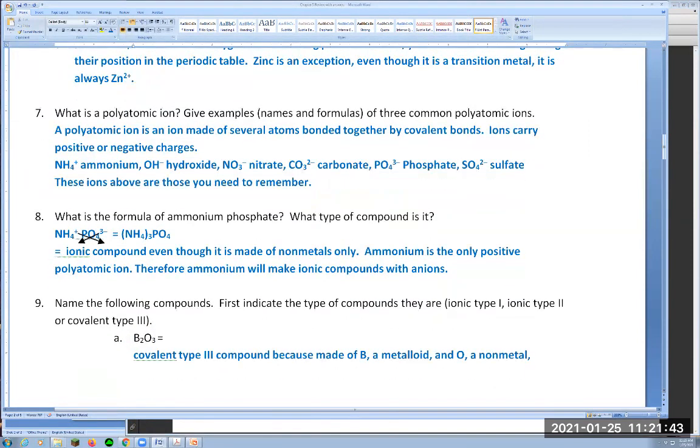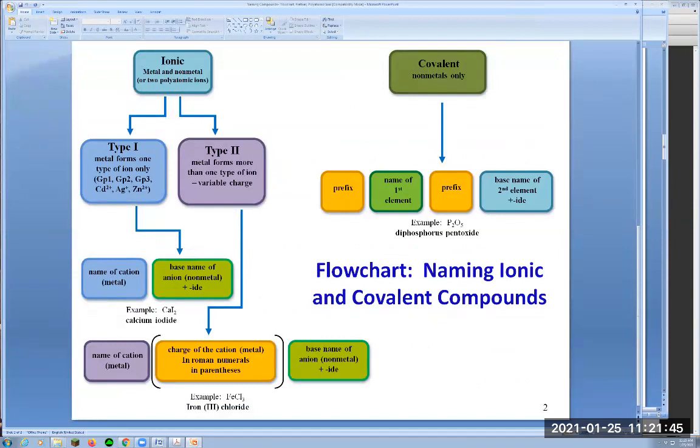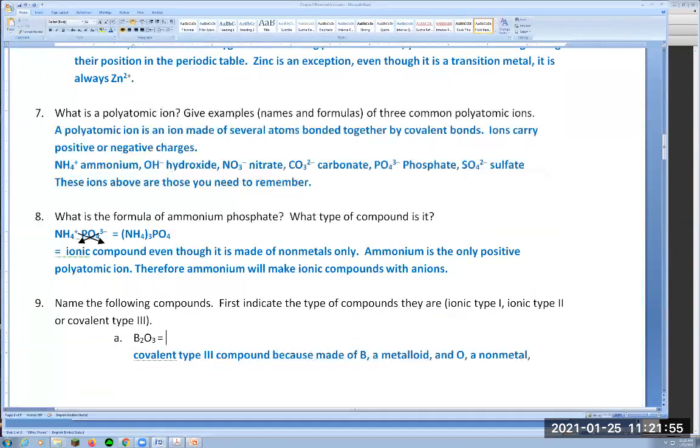Okay, so then we need to follow the flow chart here on the right that says we need prefixes in front of the element's name. And then the second element should have the ending "ide." So the prefix for boron, so B is boron, will need to be di, right?